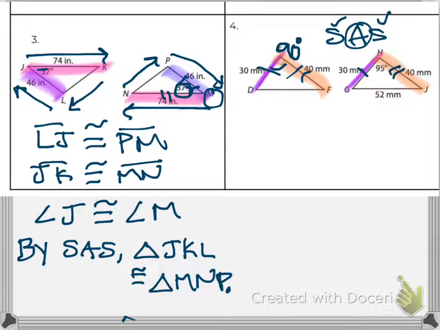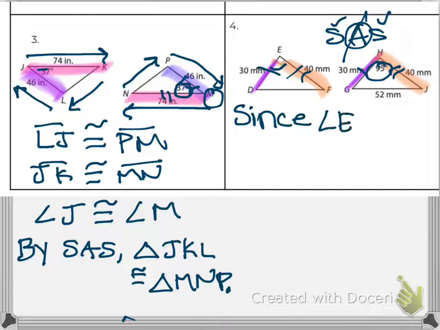And if I look at my included angle over here, I actually have 95 degrees, which means these included angles are not congruent. So since angle E is not congruent to angle H, these triangles are not congruent.